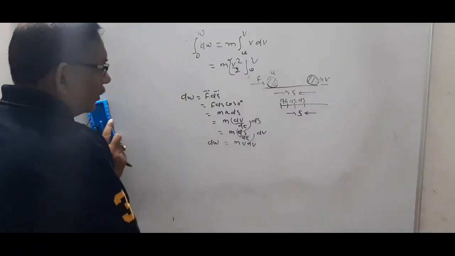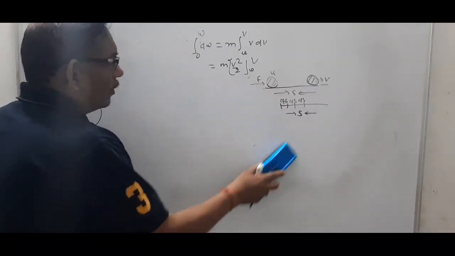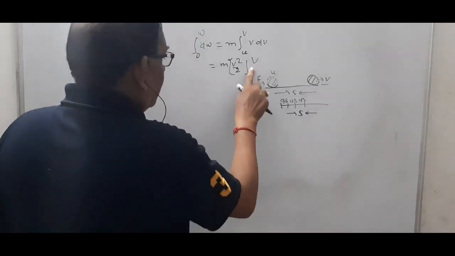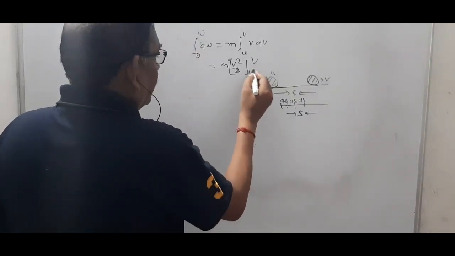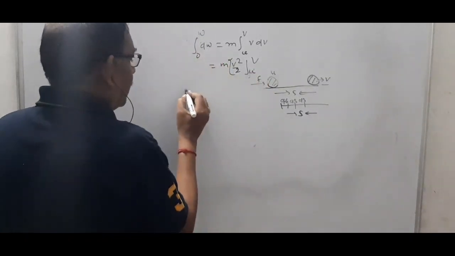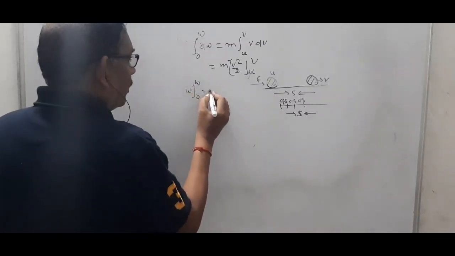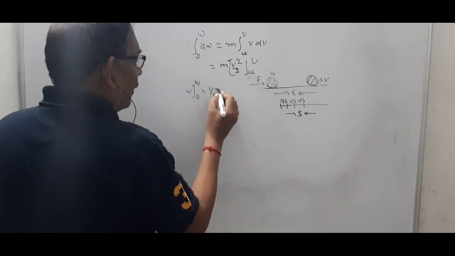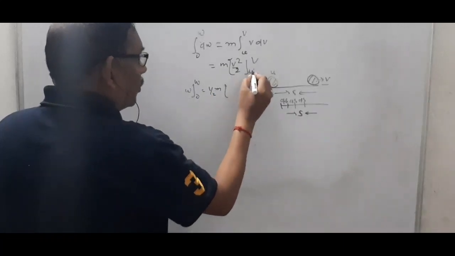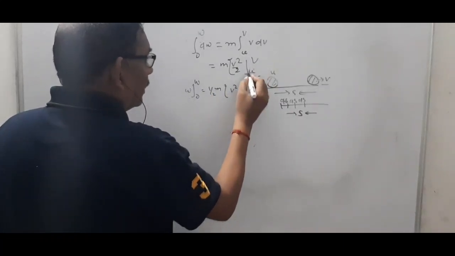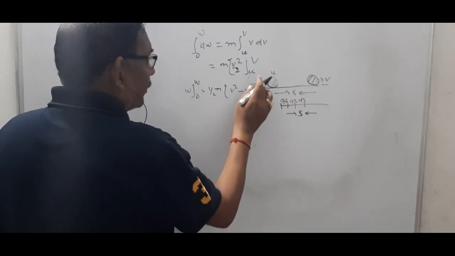The integration of dW is W. Taking half common, m is also here, put the upper limit v square and the lower limit u square.